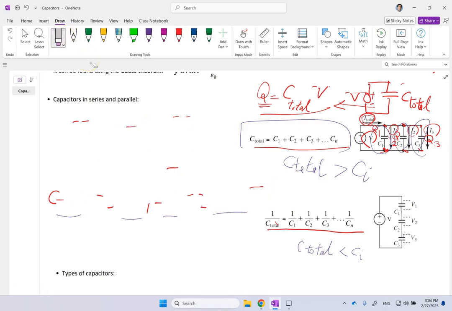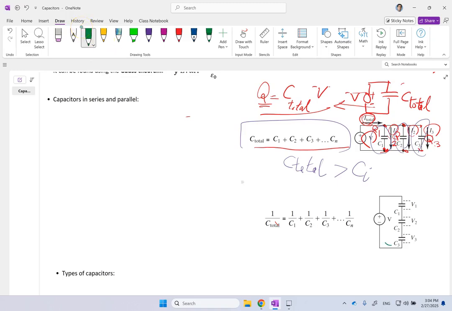So in this case, the total voltage drop V is equal to sum of the individual voltages, right? You can see if you go around the loop, V equals V1 plus V2 plus V3 in this series circuit. What about Q?